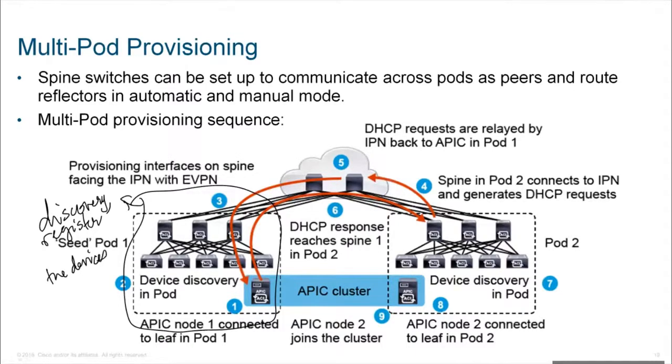Question: where do the switches get their VTEP IP addresses from? Every spine and leaf needs a VTEP IP, so where do they get that from?